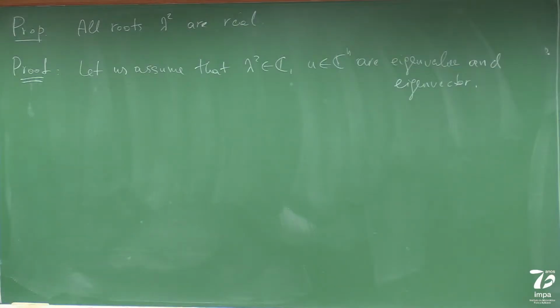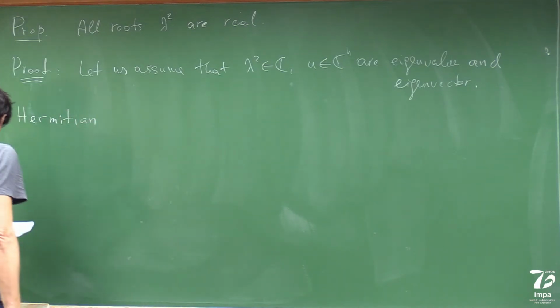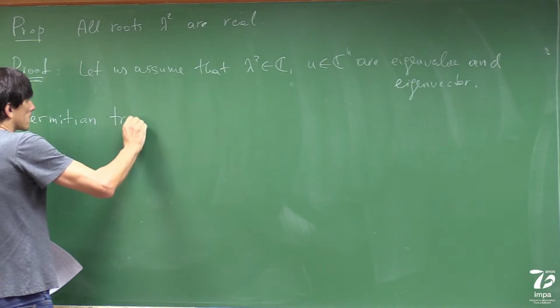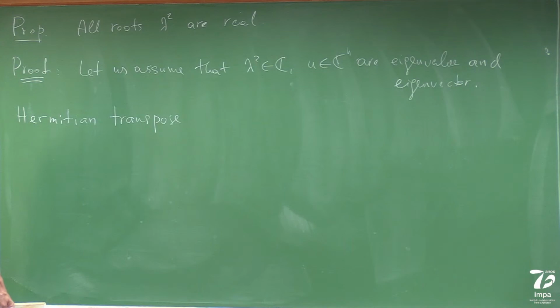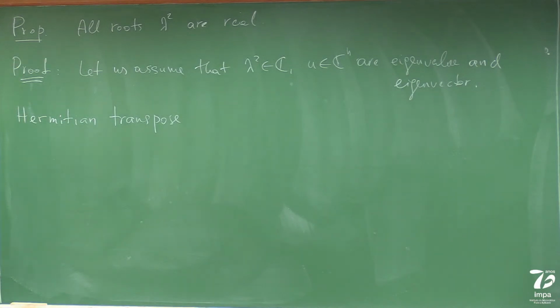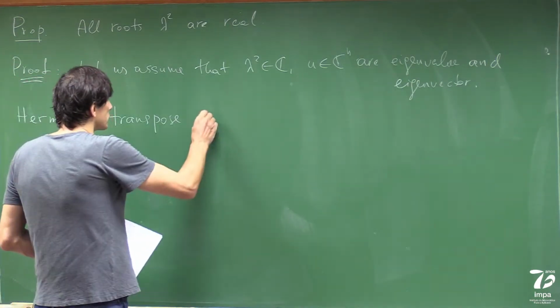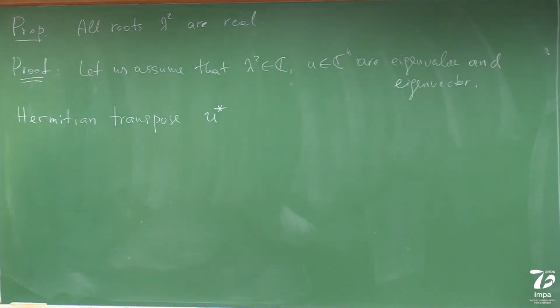Now what we will do is use, I will recall what Hermitian transpose means. Hermitian transpose is a form of the transpose. We use T many times, which is just the usual transpose when you flip coefficients. Hermitian transpose we call with a star. This is more physicist notation.